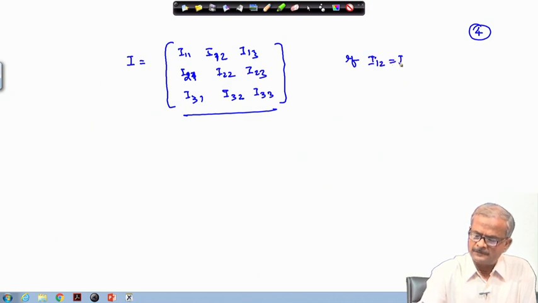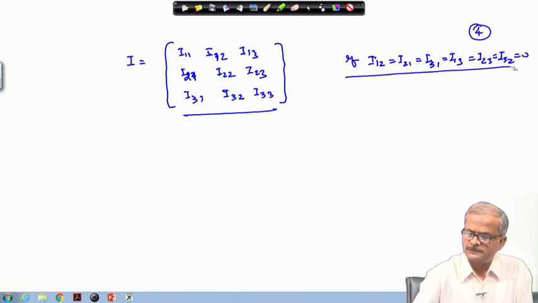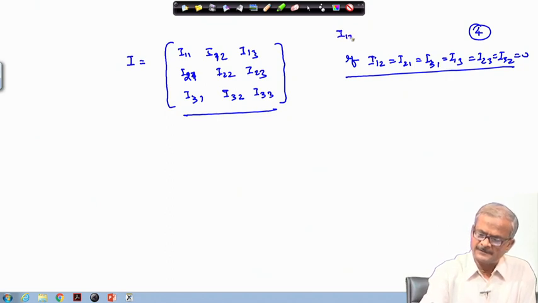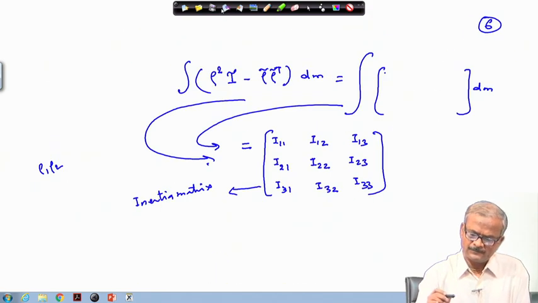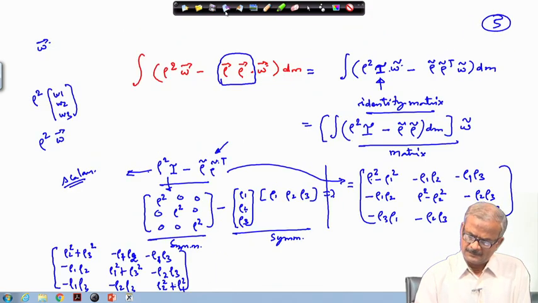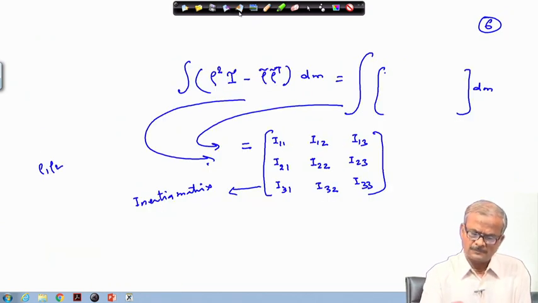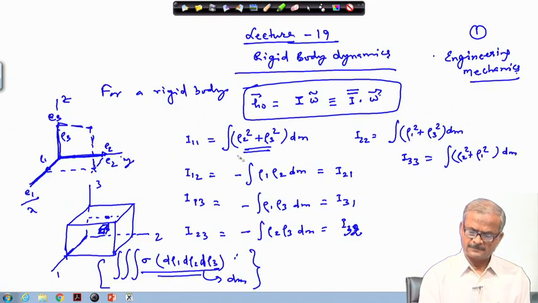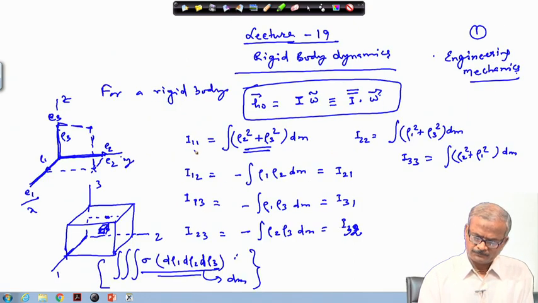I 1 2 equal to I 2 1, I 3 1 equal to I 1 3, these are 0. Already we have seen that the inertia matrix is symmetric, meaning I 1 2 equal to I 2 1. This directly stems from this equation.